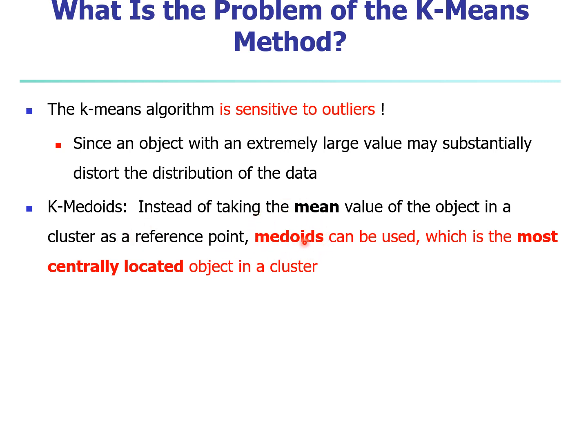You will be using objects within the cluster, the most centrally located object in the cluster. In k-means, we use a seed point, which is an arbitrary point in the middle of the cluster. It's not an object. But in k-medoids, we actually use an object which is in the center of the cluster. This is the main difference between k-means and k-medoids.